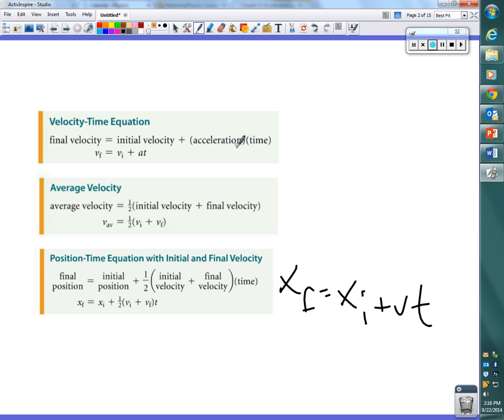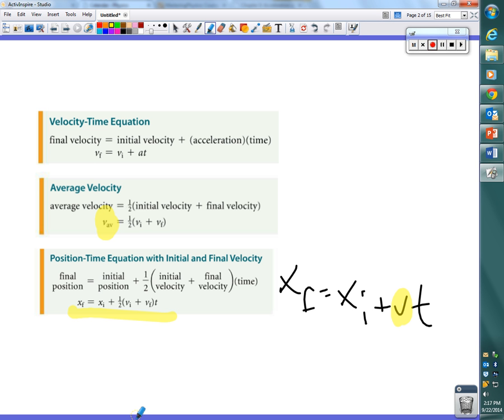But now that we got a changing velocity, if we just take this expression for average velocity and substitute it in here for this velocity, we end up with this equation that shows us where an object is even if its velocity is changing. Okay?